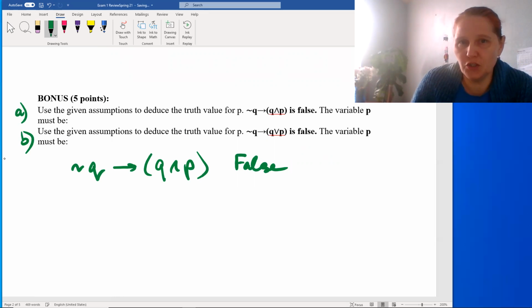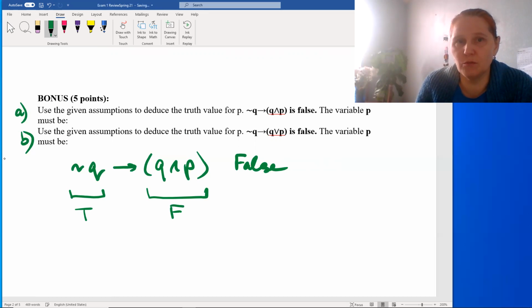You know that a conditional is only false if it has the form if true, then false. It means that this must be true and this must be false. Then the conditional will be false. So you can actually deduce the truth value of Q. From the left part, you know that Q is false.